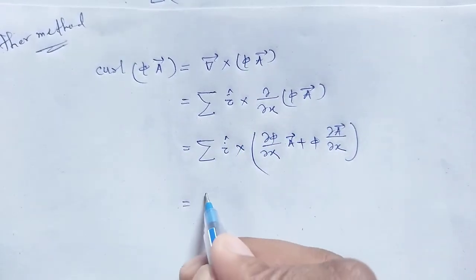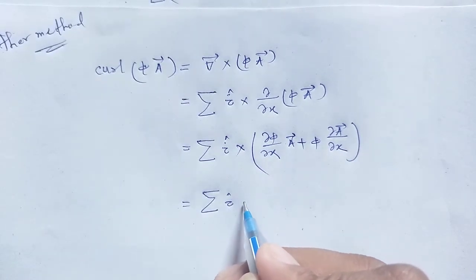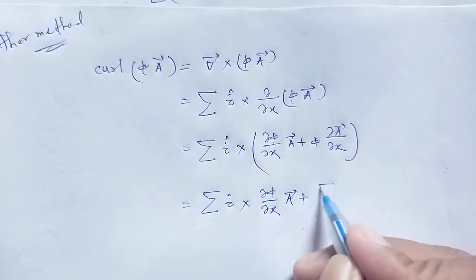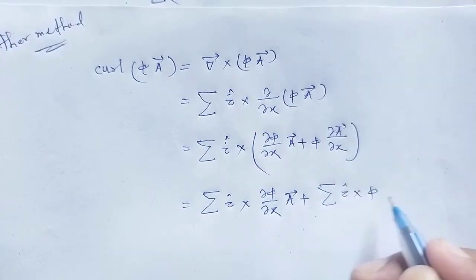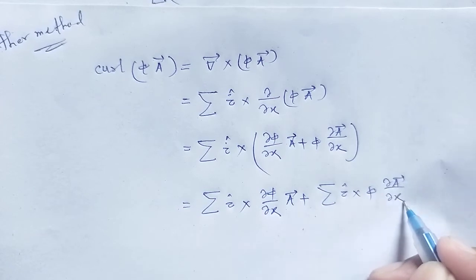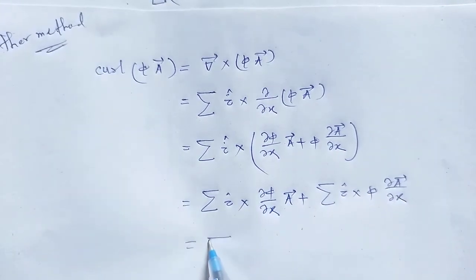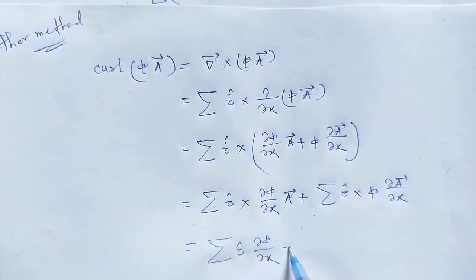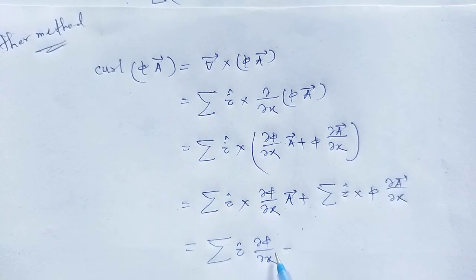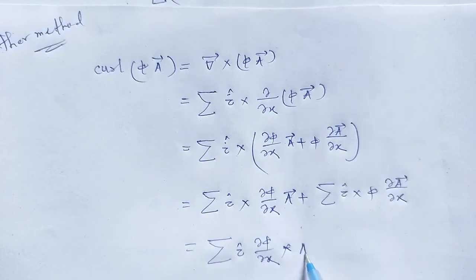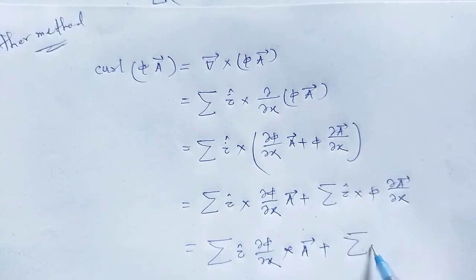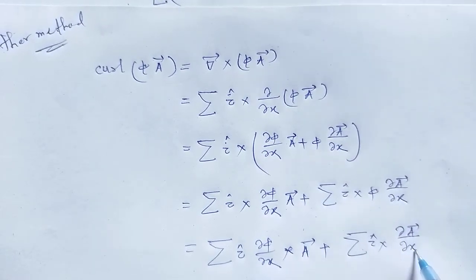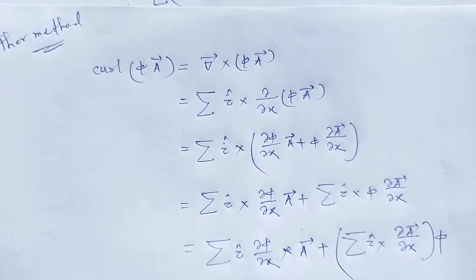We separate these two terms: summation over i cap cross del phi by del x a vector plus summation over i cap cross phi del a by del x is equal to summation over i cap del phi by del x cross a vector plus summation over i cap cross del a by del x times phi.